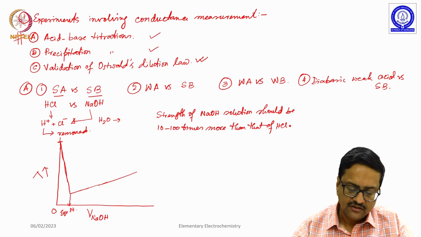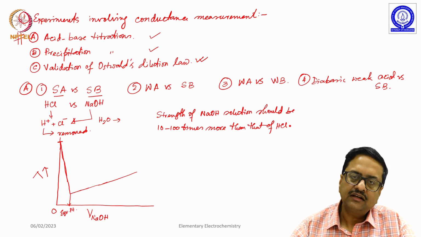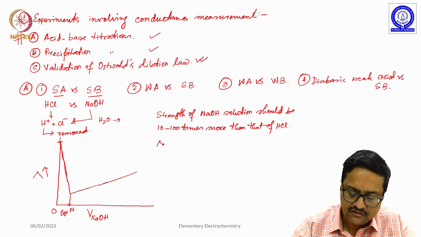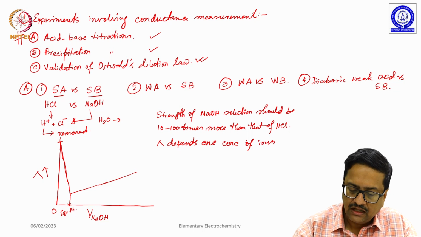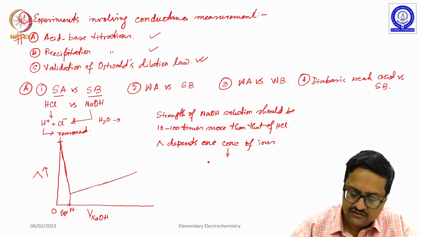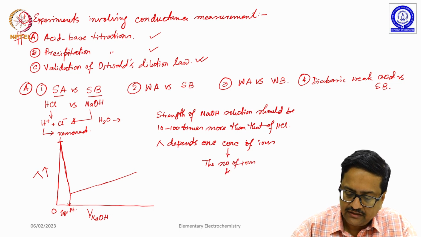Why is that? We all know that conductance lambda depends on the concentration of ions, and concentration depends on the number of ions and the volume of the solution.